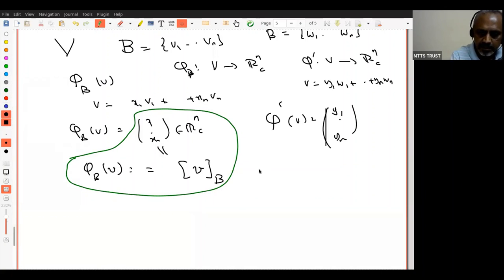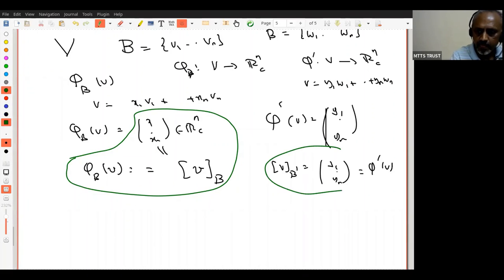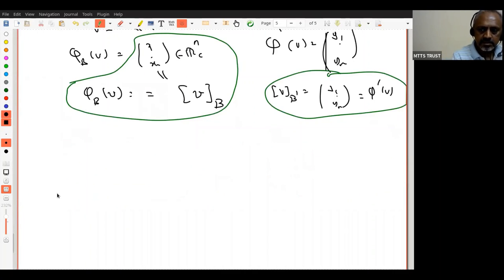And similarly, I will write V B dash equal to y1 to yn. This is same as phi dash of V. So this is again the same. So what is my question?